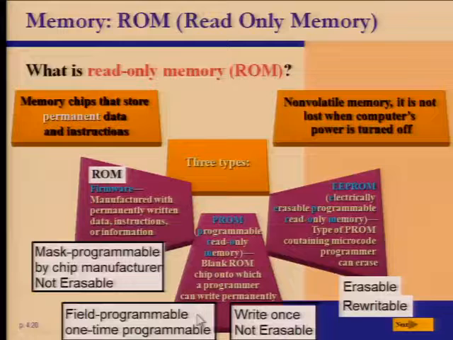Field means at your site, right? The place where you say, for example, you are going to design some microcontroller based system. Say, for example, micro mouse, very famous for poly and JC students, right? Micro mouse typically will have a microcontroller or a processor, right? And they will need to have a program to guide the micro mouse movement, right? So that program is normally housed inside a PROM, okay?